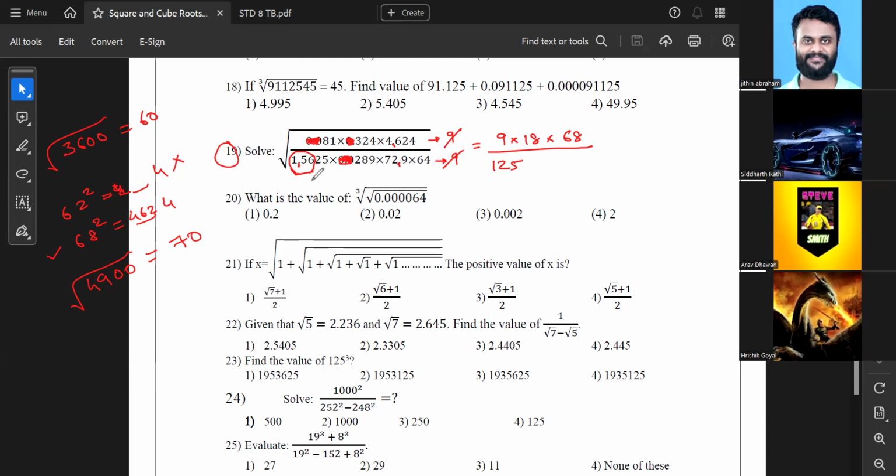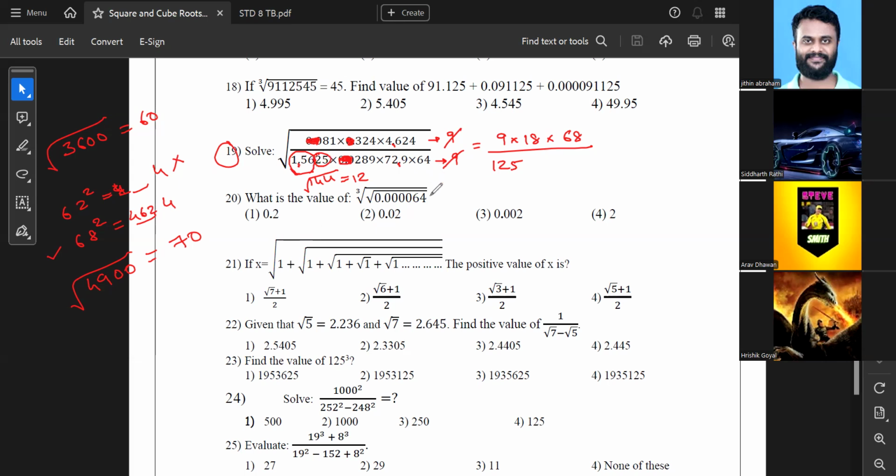It is 144. 144 is a perfect square, take its square root, and the square root is 12. So you have this 12. So 25 ka square root is 5 and 156 ke just pehle wale perfect square ka square root is 12, and that's how you can find 125 as the number.